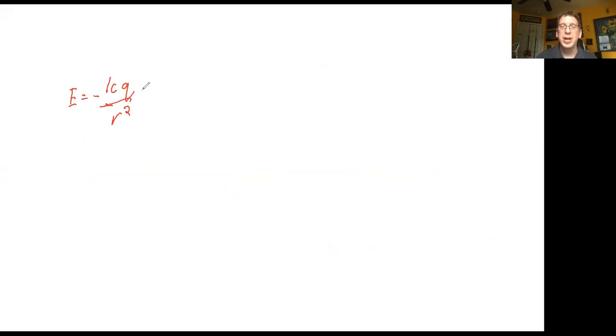And so the Q that we wind up getting is going to be negative as well. So Q is equal to negative E R squared over K. Again, we're writing E as negative because E is pointing inward. So basically, the radial component of the electric field is negative.